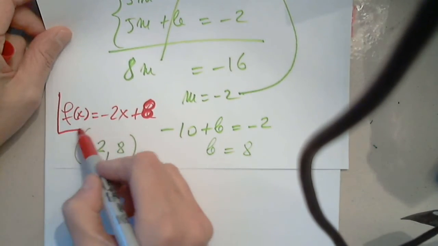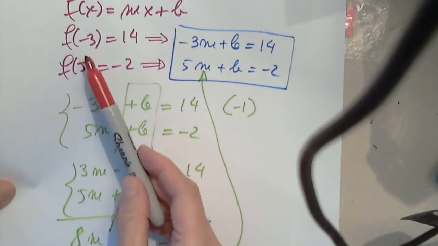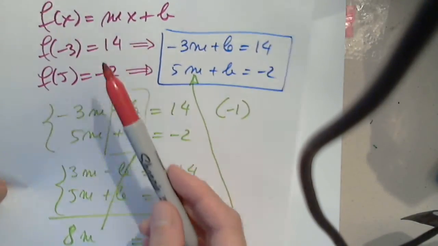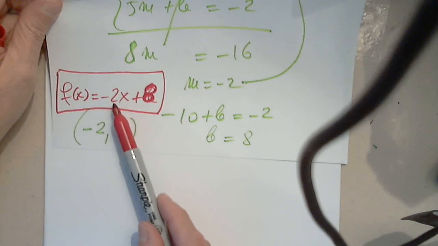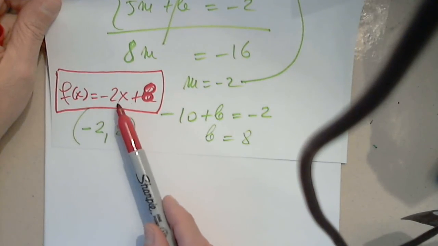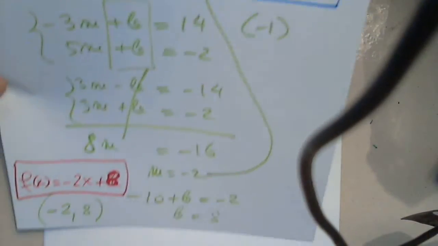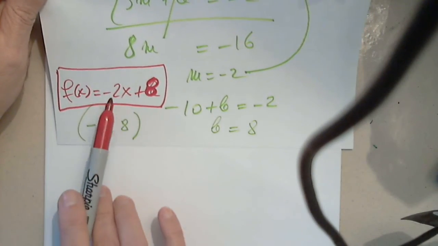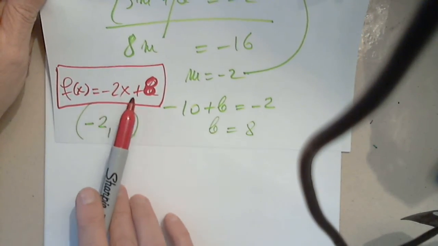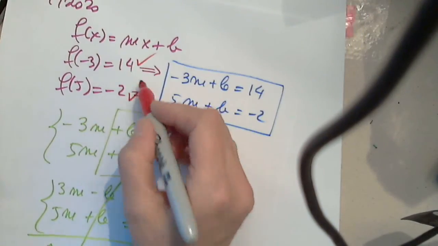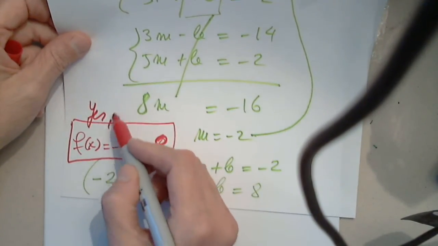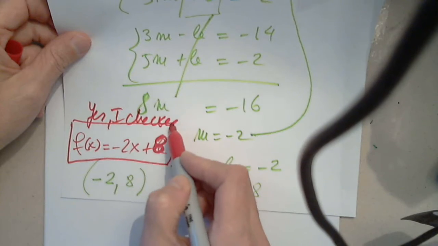Now I'm plugging in -3 to make sure I get 14. -3 times -2 is +6, plus 8 is indeed 14. Now I'm plugging in 5. 5 times -2 is -10. -10 plus 8 is indeed -2. And I'll say, yes, I checked.